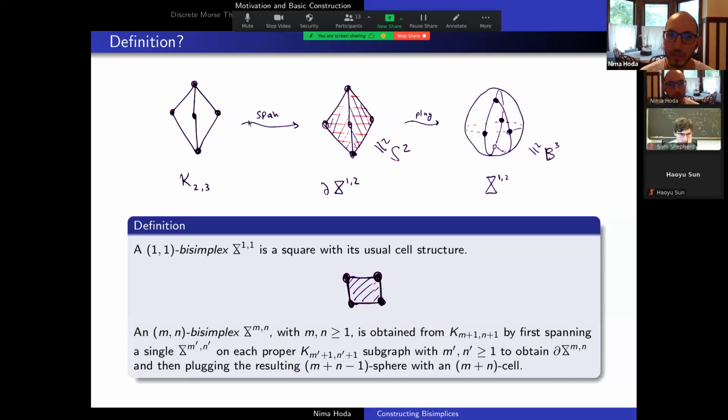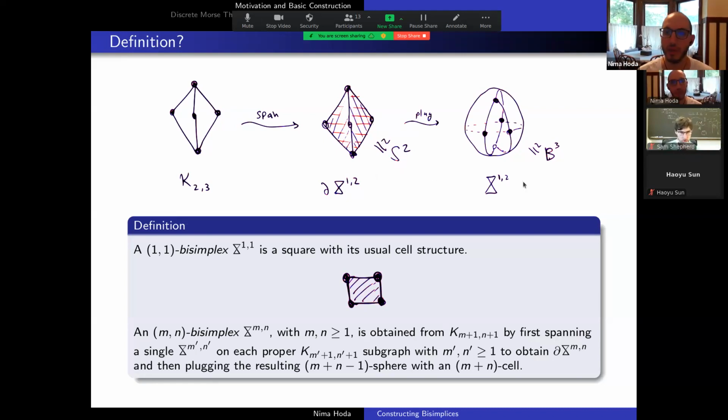So the 1-2 bisimplex case is depicted above. Start with a complete bipartite graph K_{2,3}. It's got three K_{2,2} subgraphs, so three 4-cycles. We glue in a square, which is the 1-1 bisimplex, to each of those subgraphs. So that's sort of two squares in front and one square on the back, so to speak, in this middle picture. That gives you a sphere of dimension 2.